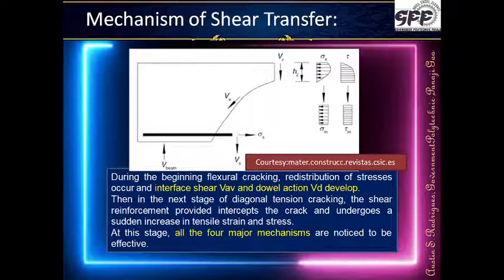So the aggregate interlock, the shear reinforcement, all these things come into the picture. At the same time, there would be some portion of concrete which is uncracked, which also comes into the picture. So they would share the load, and all four mechanisms become effective in resisting the shear force.